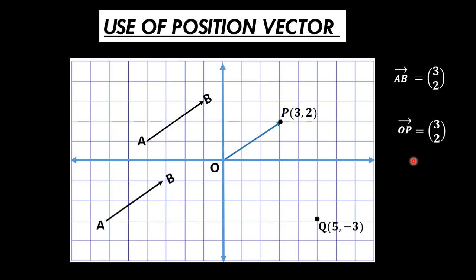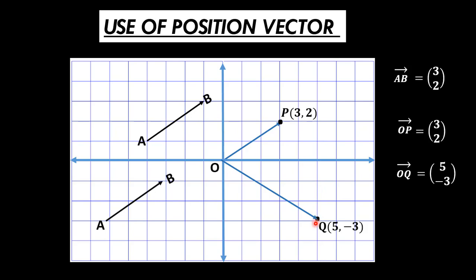If I refer this point Q relative to the origin O, then I will get the position vector of this point Q, which is OQ, and whose column vector will be given as 5 units in x direction in positive sense, and 3 units in y direction but in the negative sense.